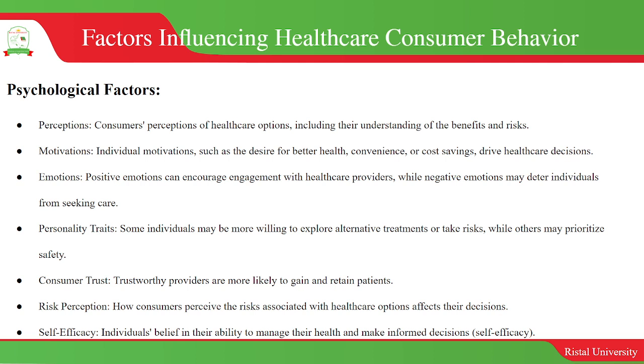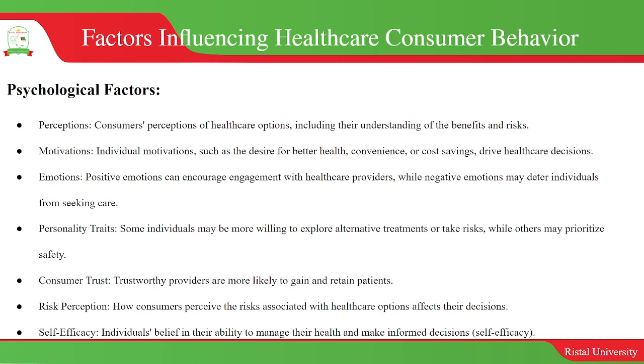So we move to the second category of factors, that is psychological factors. Perception is basically what you have just explained. When a person gets a disease or health problem generally, they have their own interpretation of what they are suffering from. If they don't believe that the condition can be treated from the health facility, they will not visit the health care facility.